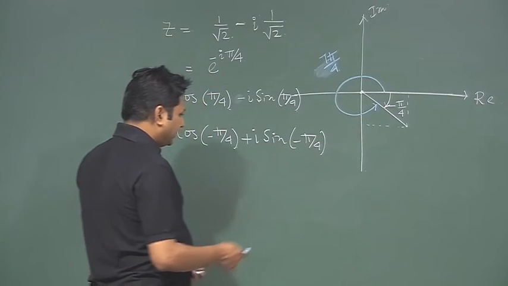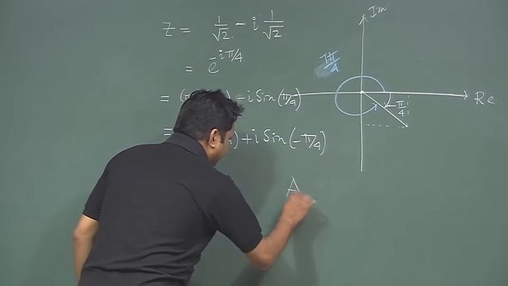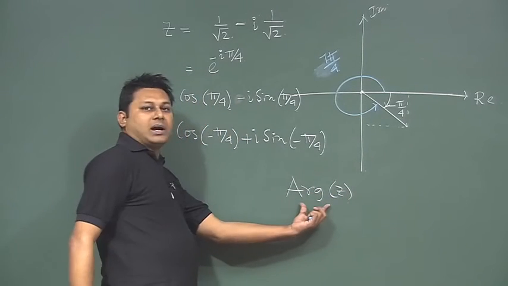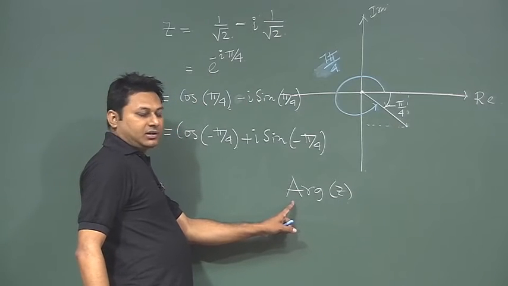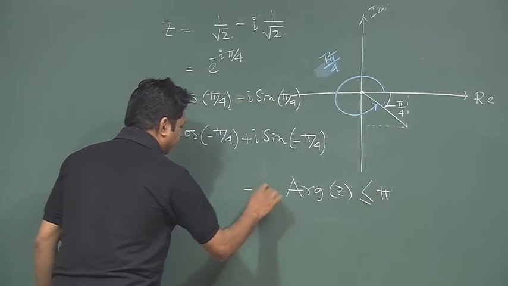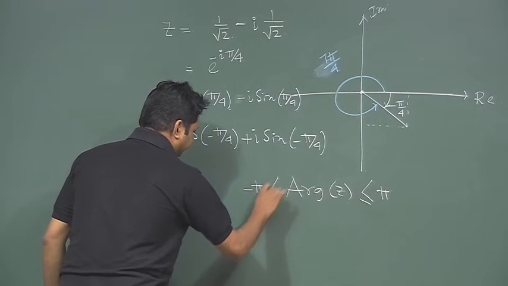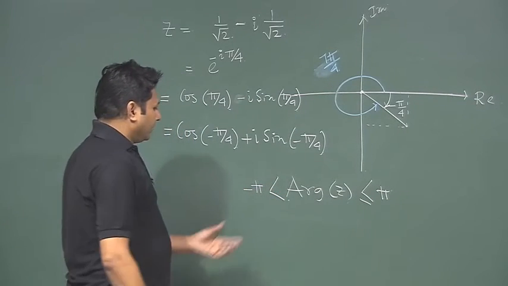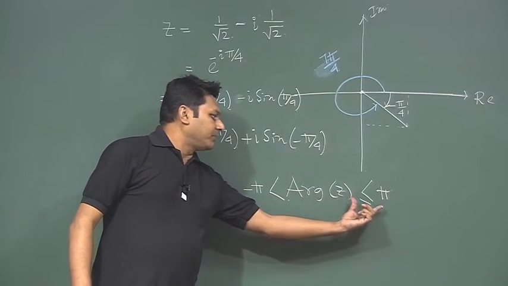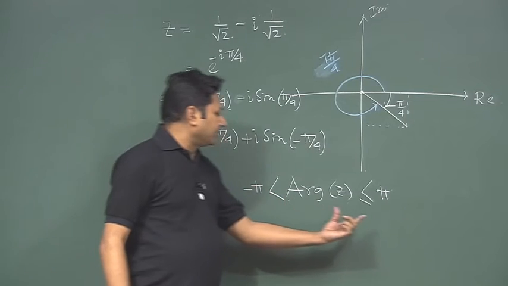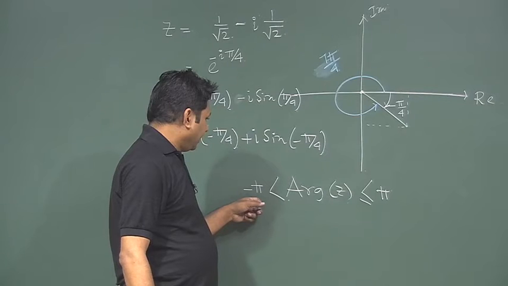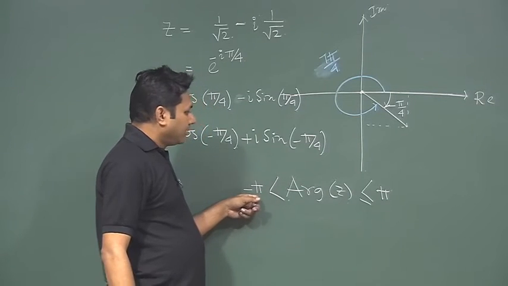You should remember that the argument of z, which is the principal argument, that is why the big A is associated with it, should be this quantity. That means it should be greater than minus pi and less than or equal to pi.